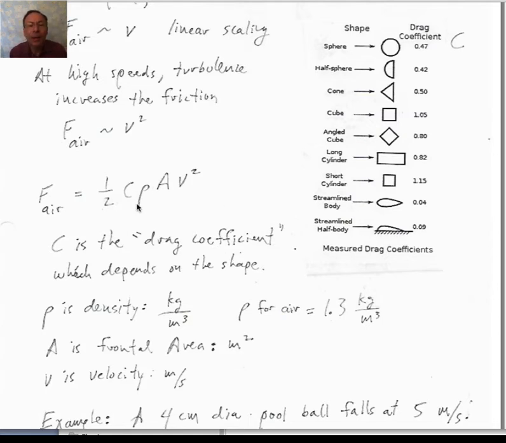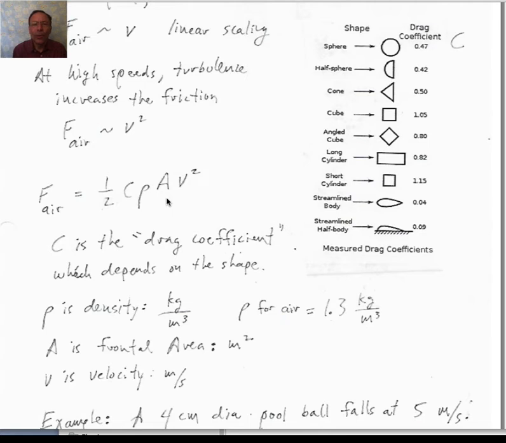It's going to depend on the density of air, which at sea level is 1.3 kilograms per cubic meter. It's going to depend on the frontal area, this capital A, the frontal area.